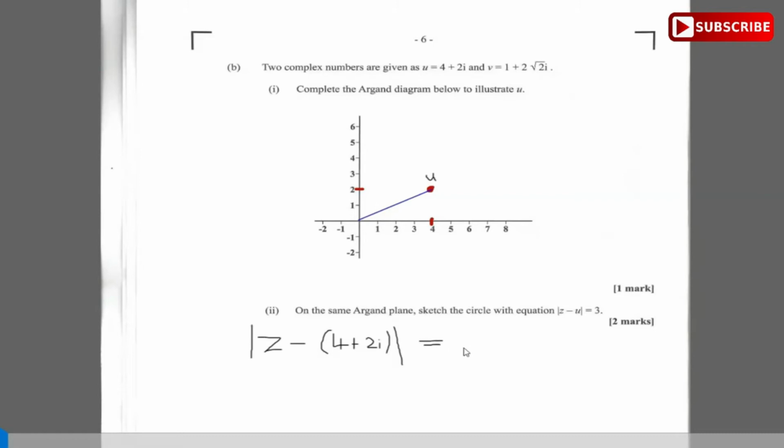So that means the radius of the circle is 3. I'm going to go 3 units across to 7, and 3 units the other way to minus 1. Then 3 units below 2 is minus 1, and 3 units above 2 is 5. And so the circle passes through these points.